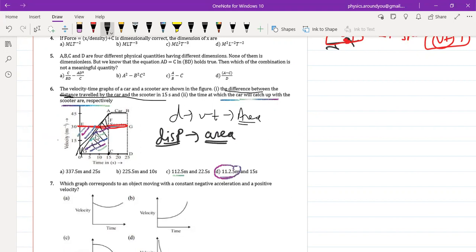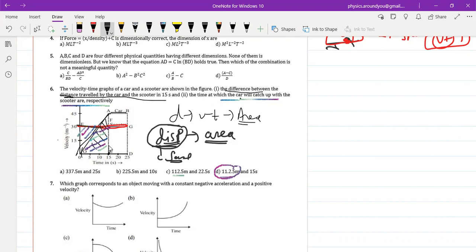Here both car and scooter have a positive velocity, so both distance and displacement become identical. So displacement means area under the VT graph. If the car and scooter have to catch up with each other, then at that particular time, both should have the same displacement. Okay. So now you calculate.